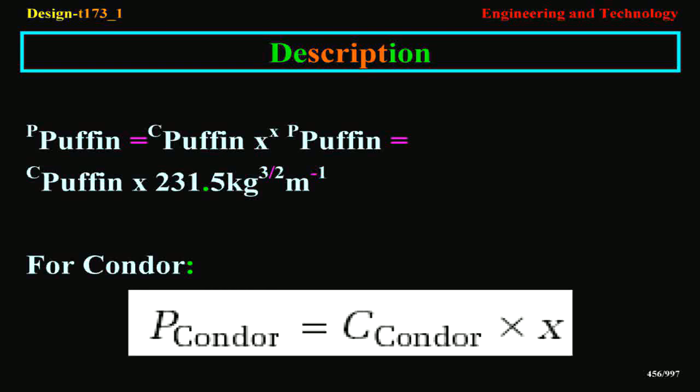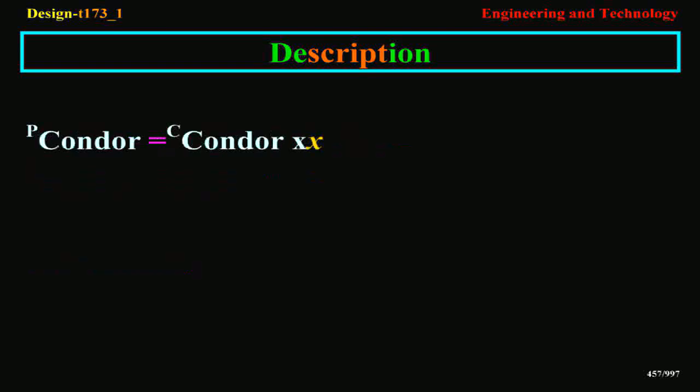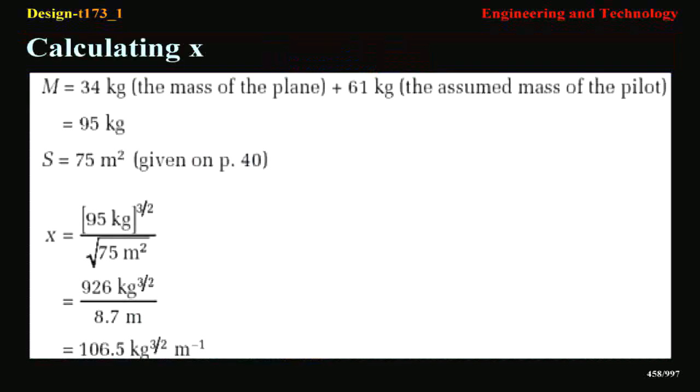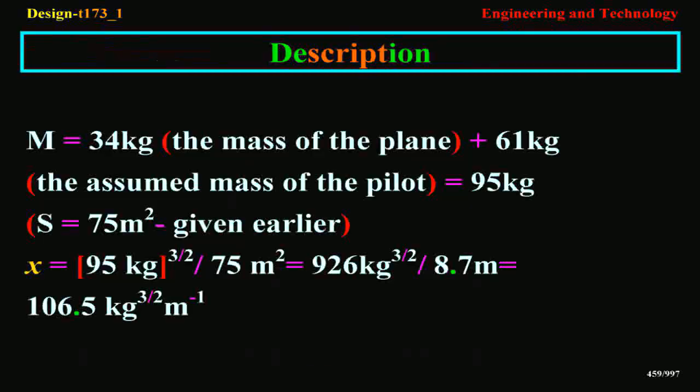For Condor, P_condor = C_condor × X. Calculating X: M equals 34 kilograms, the mass of the plane, plus 61 kilograms, the assumed mass of the pilot, equal to 95 kilograms. S equals 75 m², given earlier.